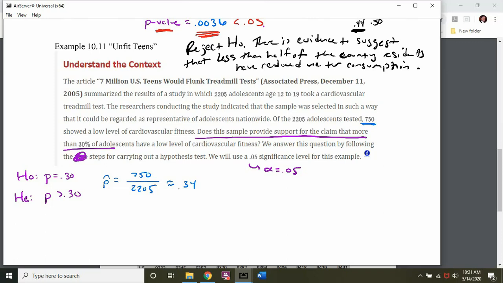And again, another relevant question could have been, does it support the claim that more than a third? We could have tested that. 34% is more than a third, like we saw previously. So again, the hypothesis test setup is always just something relevant to what our p-hat value was. Here we got 34%, so we're wondering, hey, is it likely then that in general more than 30% of the population is unfit? Well, let's figure it out.